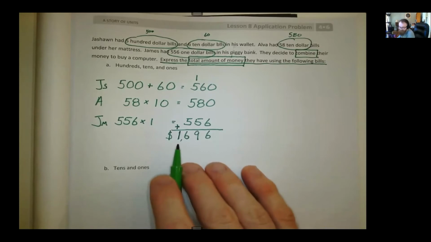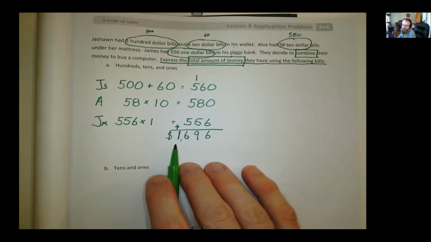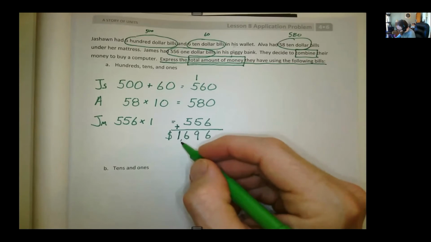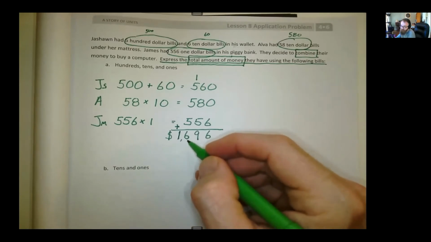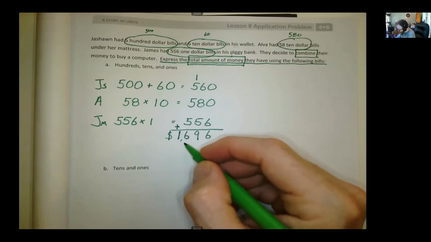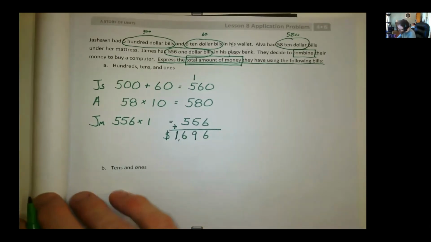But we don't have any $1,000 bills, right? We need to represent that $1,000 with $100 bills. And in order to do that, we need 10, right? 10 $100 bills, 10 hundreds makes 1,000. So we also need $100 bills for our hundreds place, which is another 6. So we're going to have 16 $100 bills.